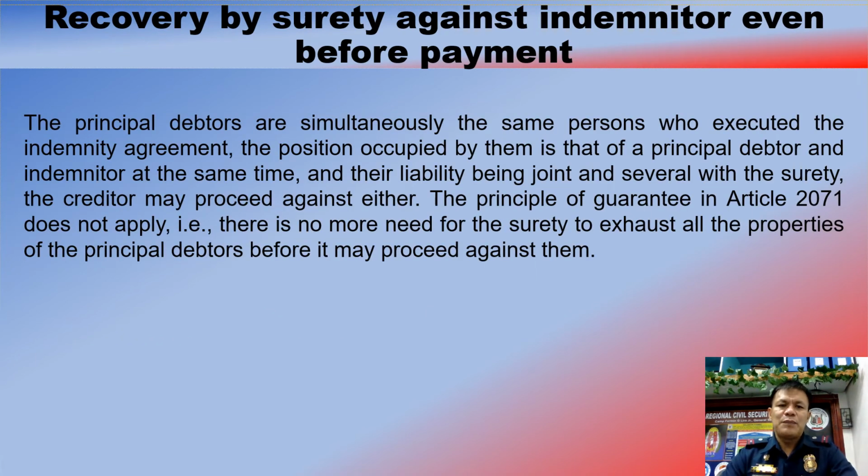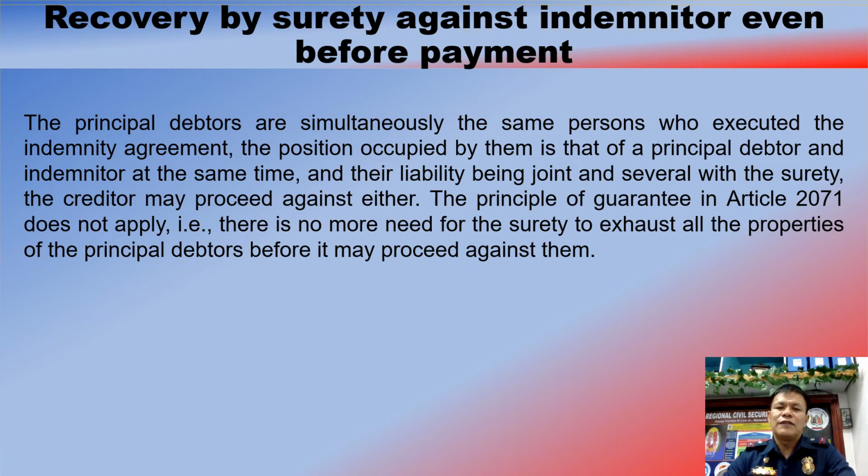And where the principal debtors are simultaneously the same persons who executed the indemnity agreement, the position occupied by them is that of a principal debtor and indemnitor at the same time, and their liability being joint and several with the surety, the creditor may proceed against either.